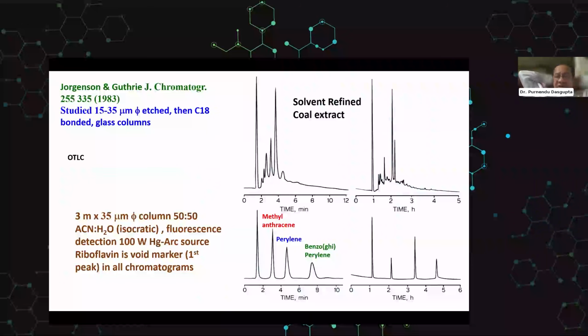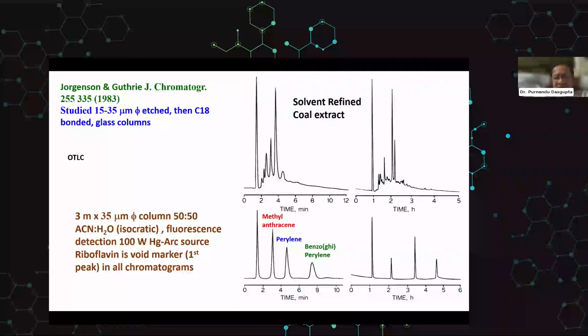This is 1983. On the top, you see basically coal tar extract. On the left, you see a normal time scale, what you can do fast. And then if you go really slow, you can see all of those tiny peaks in there.